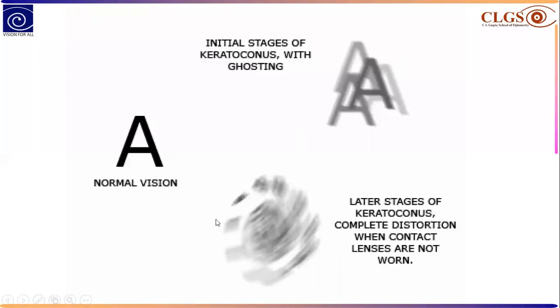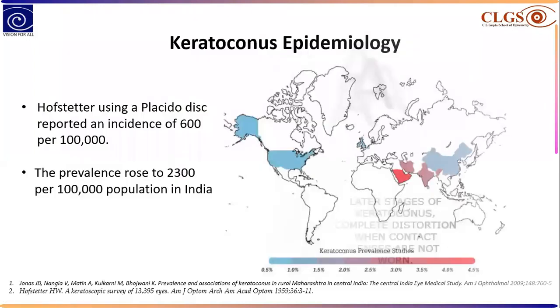With the same alphabet, we are not able to make out anything, and the same happens with people with moderate to severe keratoconus. They can see that things are there, but the quality of the vision is very poor. That's why keratoconus causes severe visual impairment.